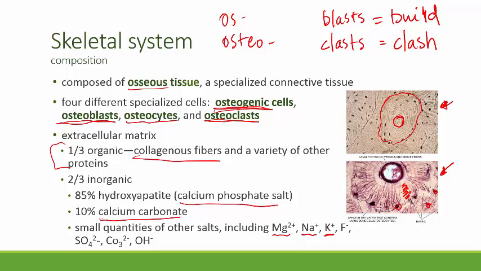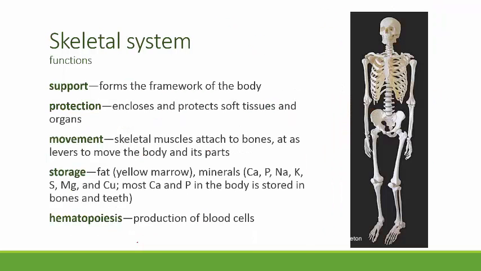K plus is potassium. F is the fluoride ion. There's the sulfate ion, the carbonate ion, and the hydroxide ion. Those are all ions that are found in bony material in the extracellular matrix.